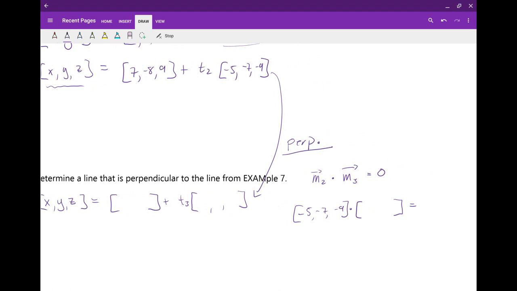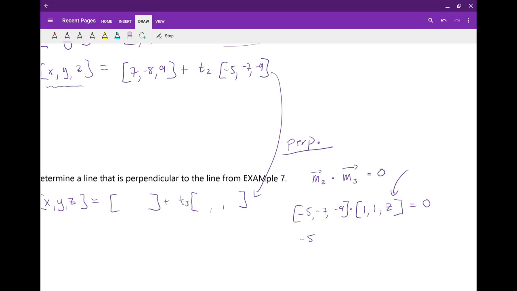Problem with this vector is it's got 3 variables. So what you do when you just need to create some vector that's perpendicular to some other vector, you just invent 2 of its components. And the last one I usually just call Z. And what happens is now Z automatically adjusts itself, if you perform algebra correctly, such that the resulting 2 vectors become perpendicular.